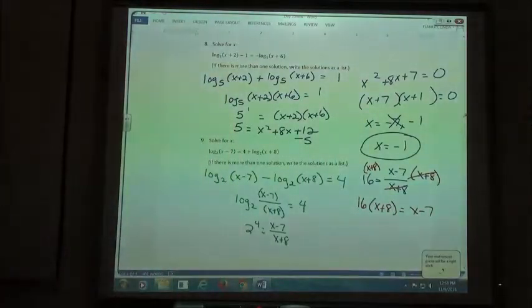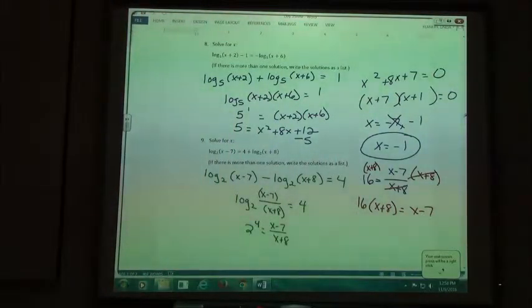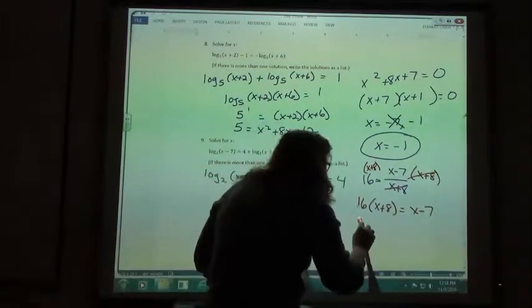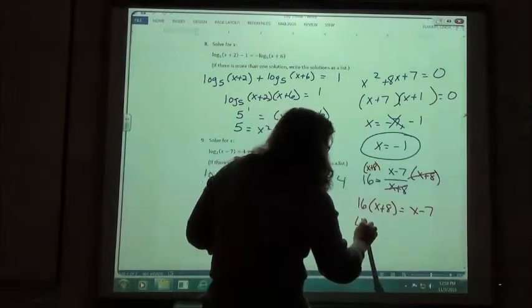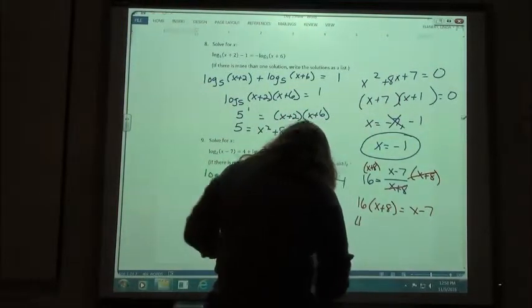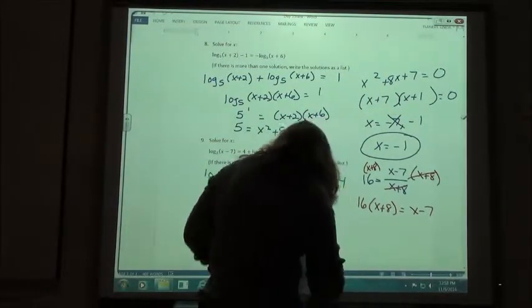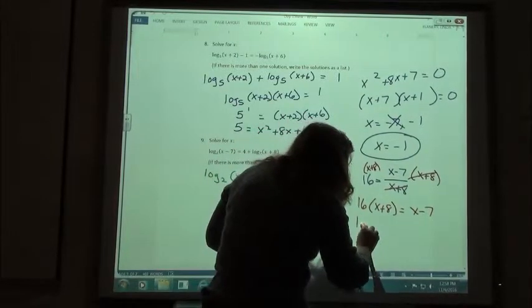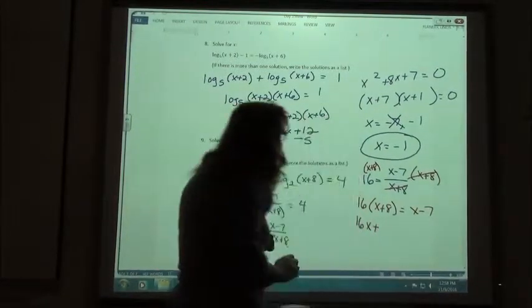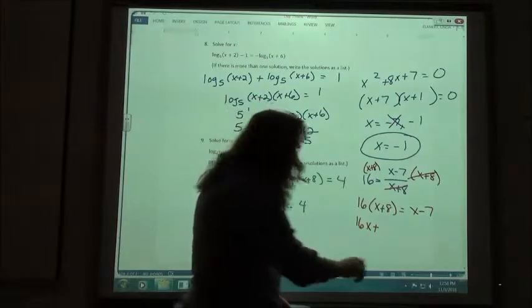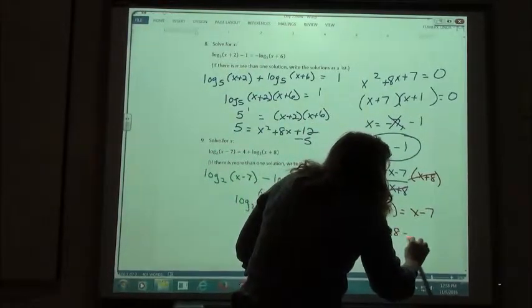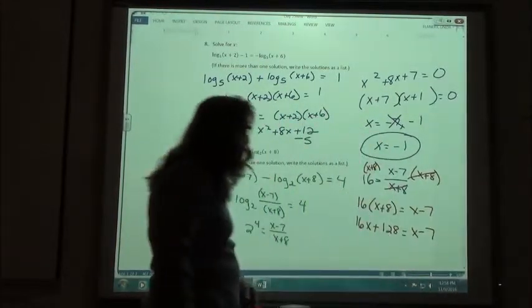And then we had to solve that equation. So we used our distributive property and got 16x plus 128 equaled x minus 7.